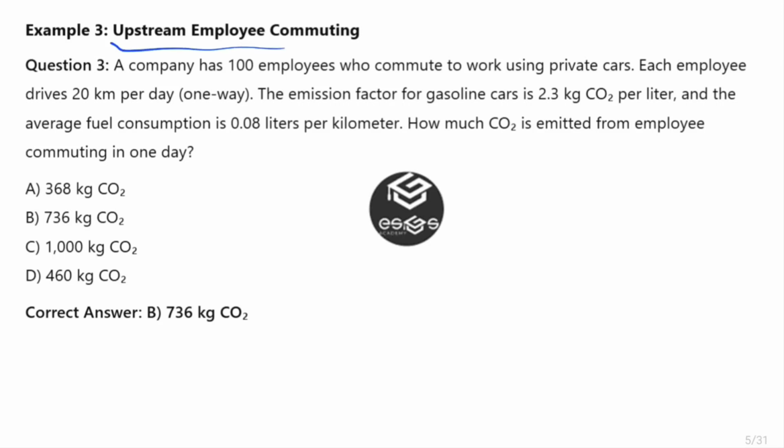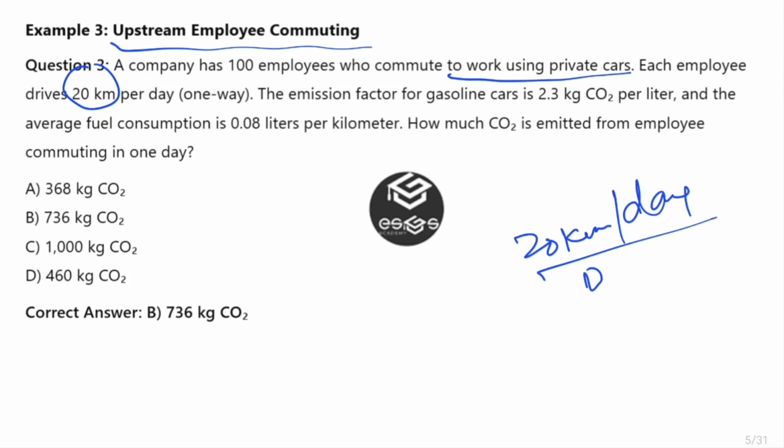The next example is upstream employee commuting. A company has 100 employees who commute to work using private cars. Each employee drives, let's say, 20 kilometers per day, and that is one way.